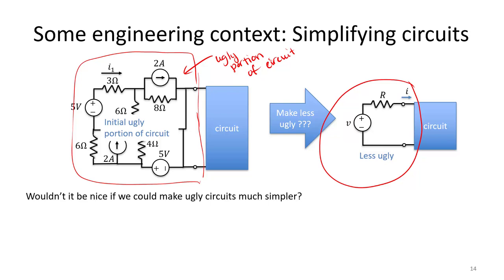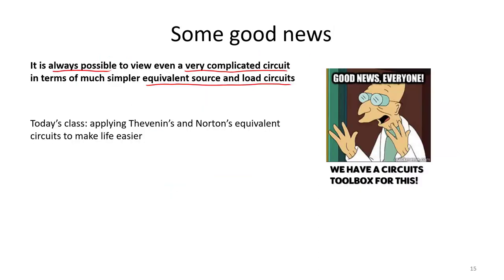We can take an ugly circuit and replace it with a simpler equivalent circuit. And one way that we do this is by applying Thevenin's theorem and Norton's theorem. We make what's called the Thevenin equivalent circuit or the Norton equivalent circuit, and we can use that to simplify our circuits.